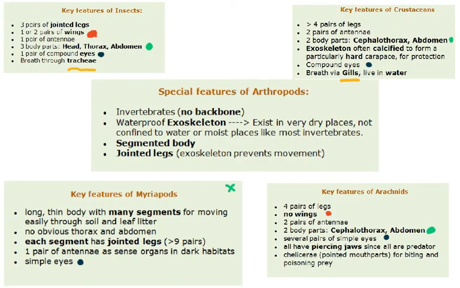Now, this is the best comparison that I could possibly get, and I've done this for you all to understand. So, key features of insects, crustaceans, myriapods, and arachnids. Of course, the arthropods we have discussed earlier are invertebrates, they have no backbone, they have a waterproof exoskeleton, a segmented body, and jointed legs.